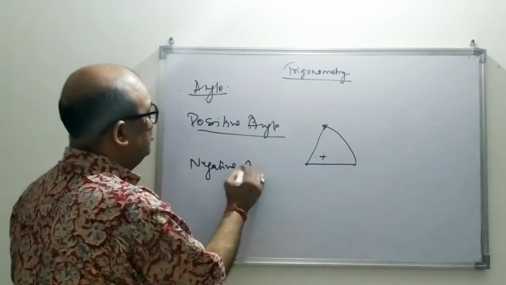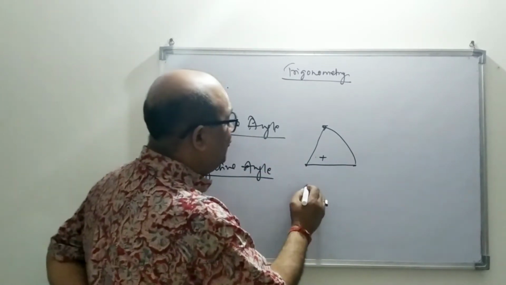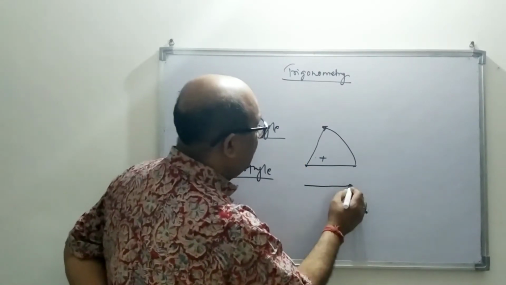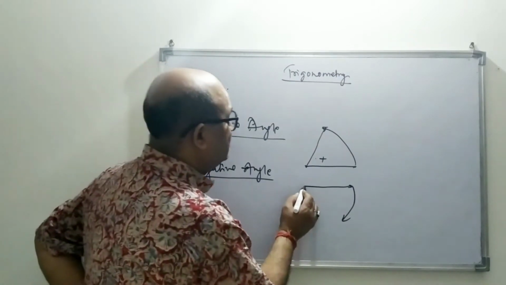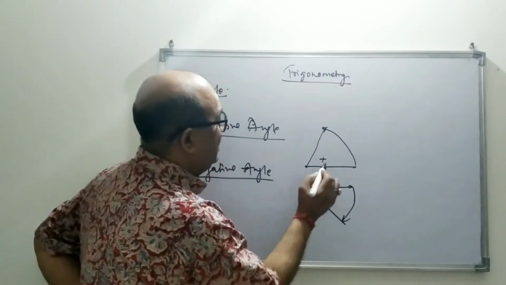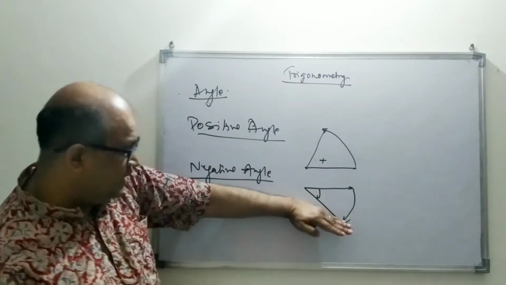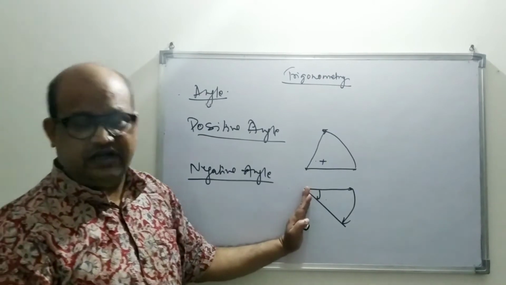Negative angle. What is the negative angle? The rotation of the final ray in clockwise direction is called a negative angle. If the terminal ray moves in clockwise, then the angle measured is called negative angle.